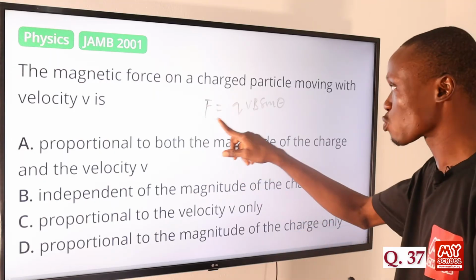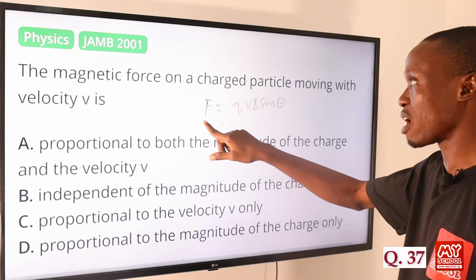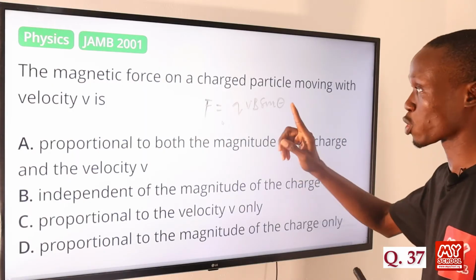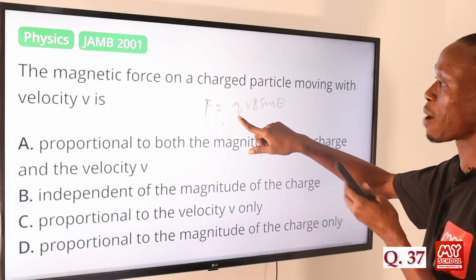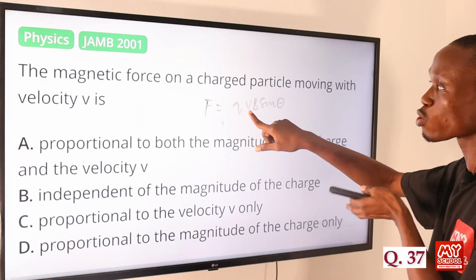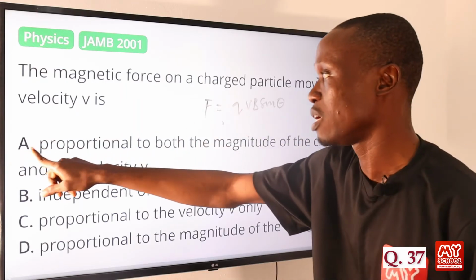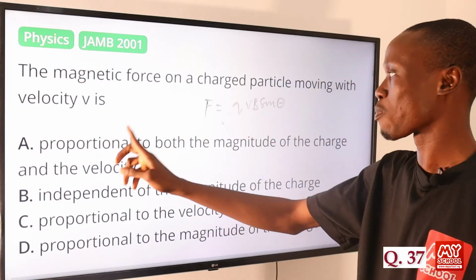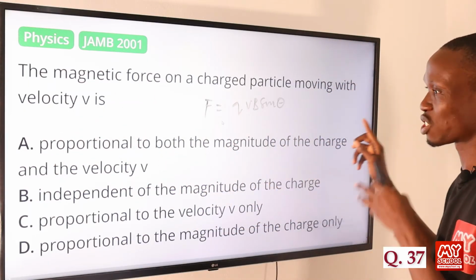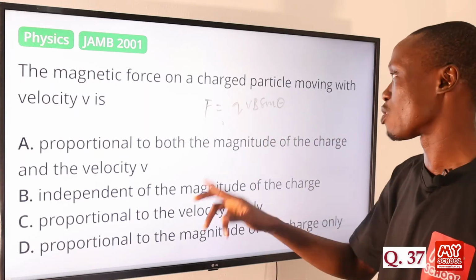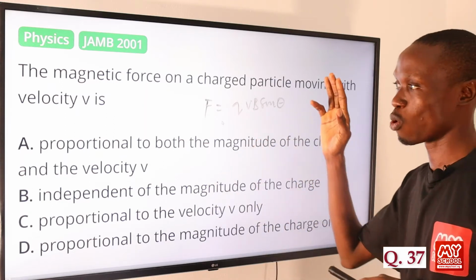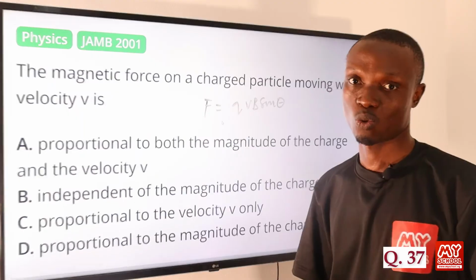So from this formula we can see that the magnetic force F is directly proportional to the magnitude of the charge and also to the velocity, right? So that makes option A the correct answer to this question, proportional to both the magnitude of the charge Q and the velocity V.